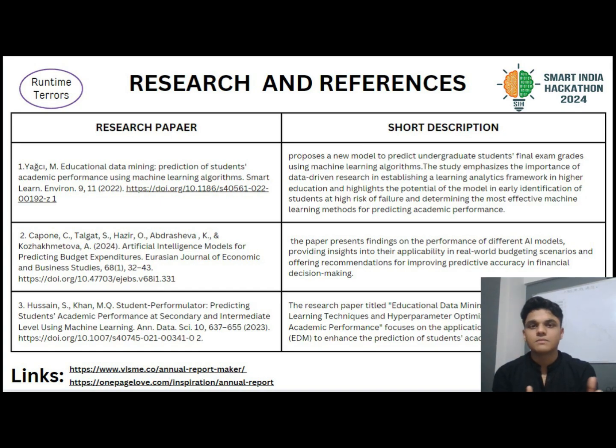To remove the traditional annual report, we have to digitalize everything and make it software based. We also have to make our educational institutions more secure and more digitalized so that they generate a good report. So let's end here. Thank you.